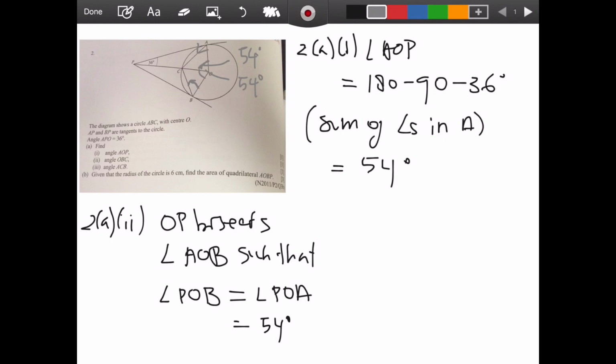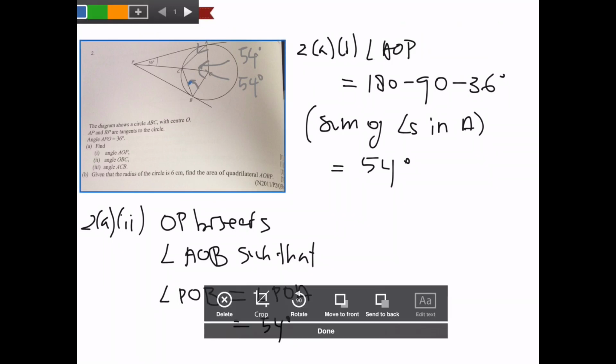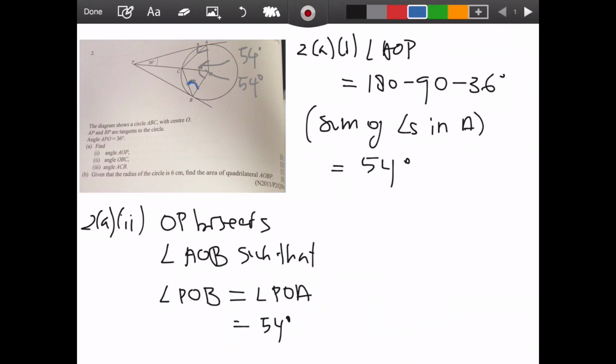Now we also know that OB and OC are radii of the circle ABC. Since they are radii, the triangle OCB is an isosceles triangle, which means the base angles are the same.